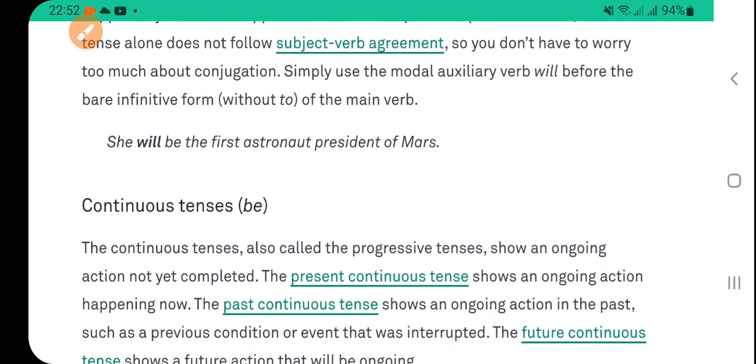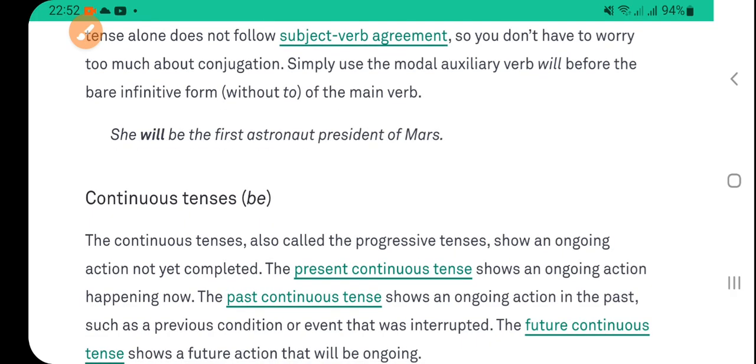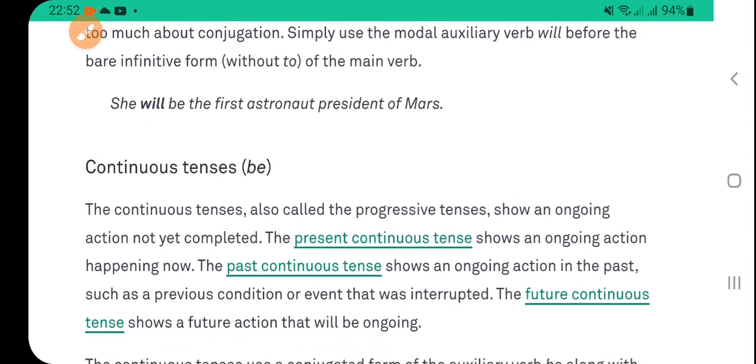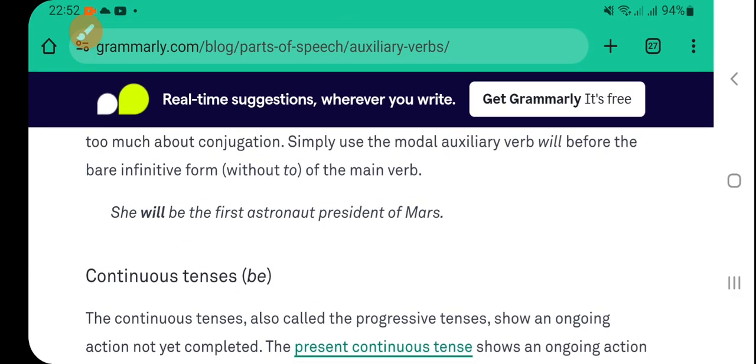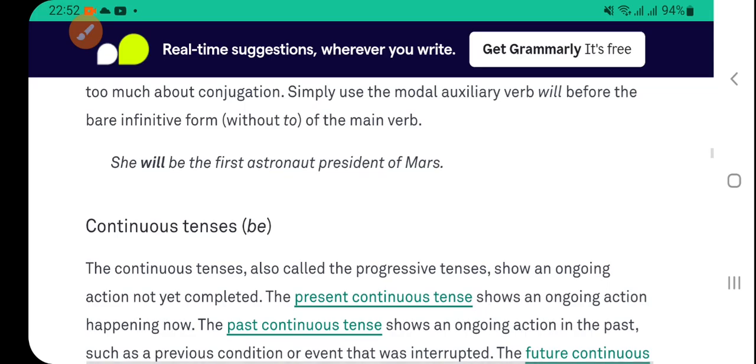So it does not follow singular or plural, so you don't have to worry too much. Simply use the modal auxiliary verb will before the bare infinitive form, that is, I will be, right?